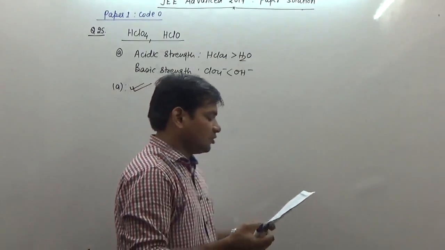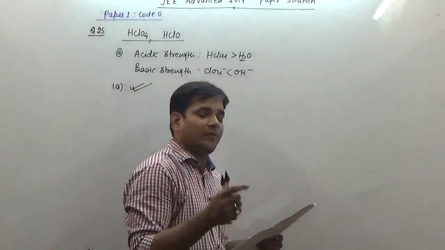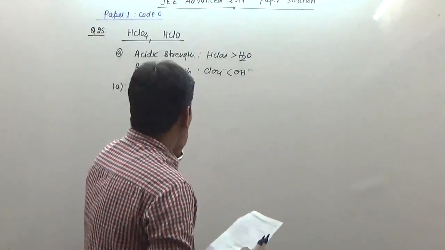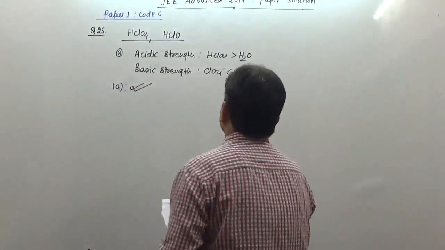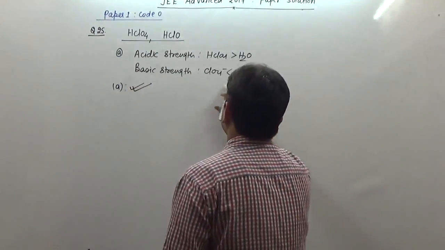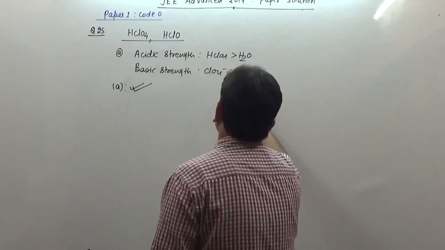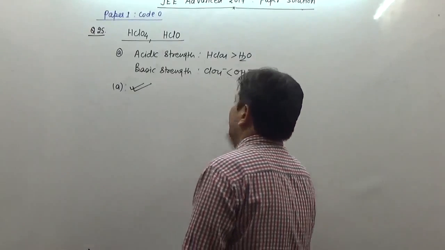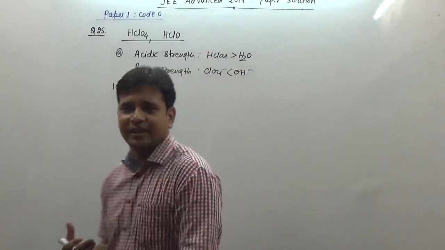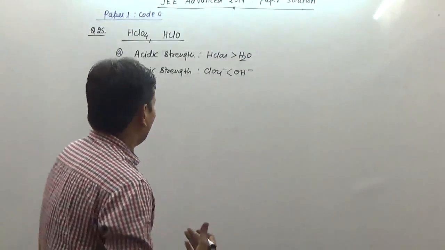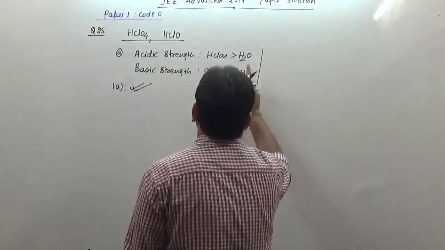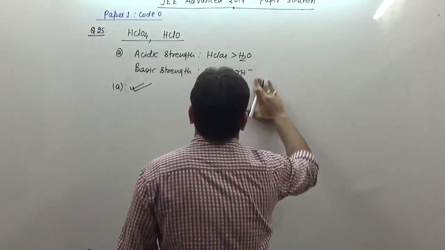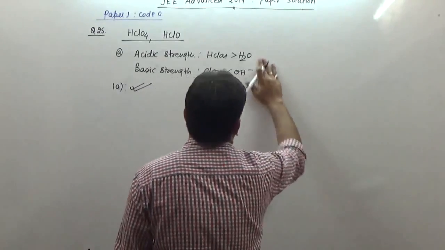It is telling that the basic strength will be less than that of H2O. That is correct because H2O is an amphoteric substance, and if you look at the Kb value, I will check it. The question is asking about the basic strength of ClO4 minus.